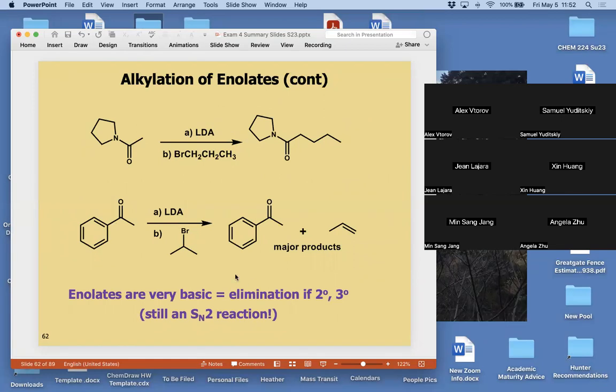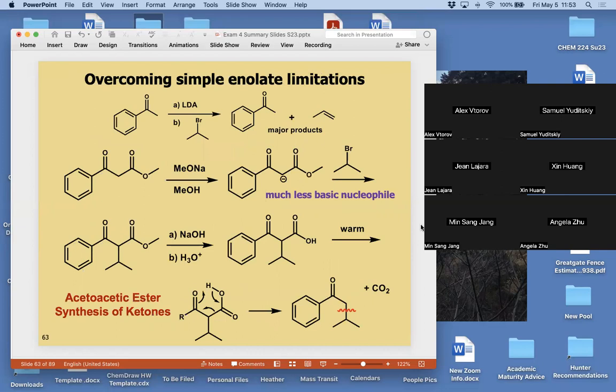Okay, you go to secondary, you start getting too much elimination. And that's where we got into the stabilized enolates. So now you have a less basic, still nucleophilic enough anion. You can react with a secondary alkyl halide, and then you get rid of the carboxylic acid.